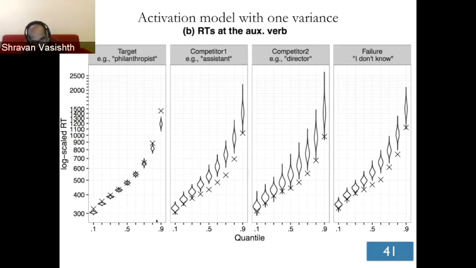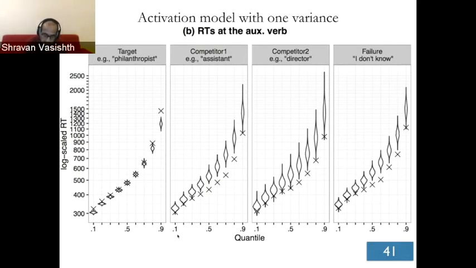But the Lewis-Vasishth model doesn't do so well with the trials where the response was incorrect. So the model is predicting slower reading times than were actually observed. Right, so you can see that the x's don't land inside the violin plots. So this is not a very good performance of the Lewis-Vasishth model, but of course, very good is a relative term, right?